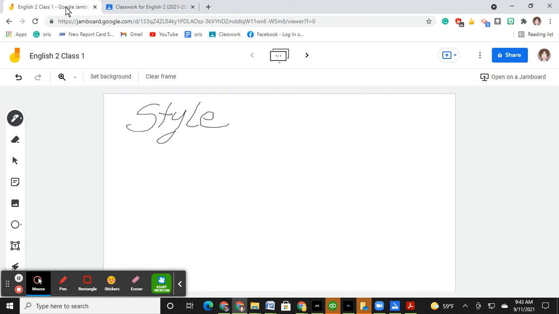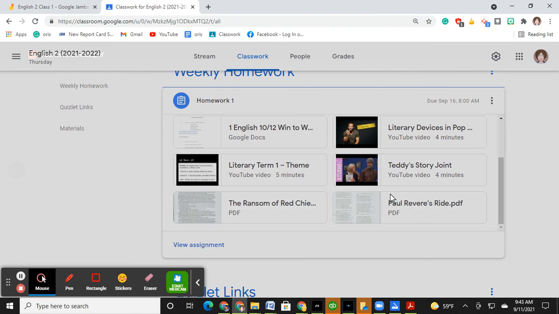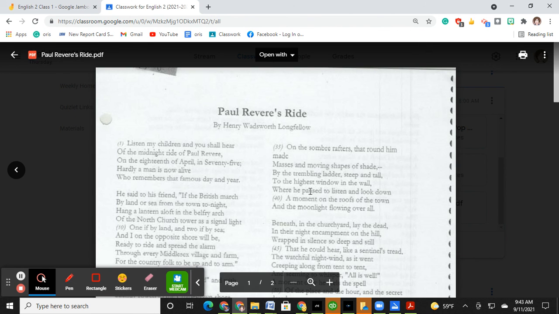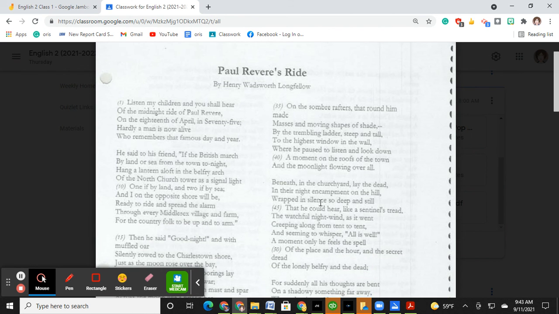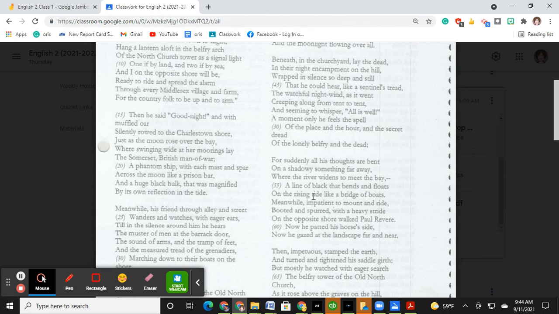Where he paused to listen and look down a moment on the roofs of the town, and the moonlight flowing over all. Beneath, in the churchyard lay the dead in their night encampment on the hill, wrapped in silence so deep and still that he could hear like a sentinel's tread the watchful night wind as he went, creeping along from tent to tent and seeming to whisper, all is well.